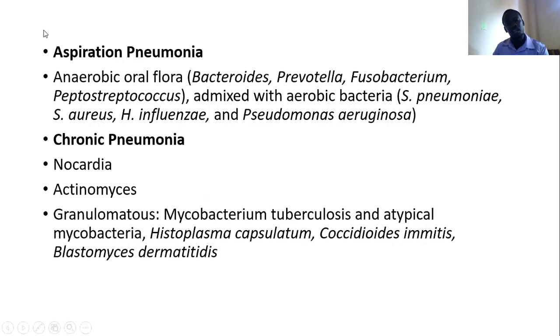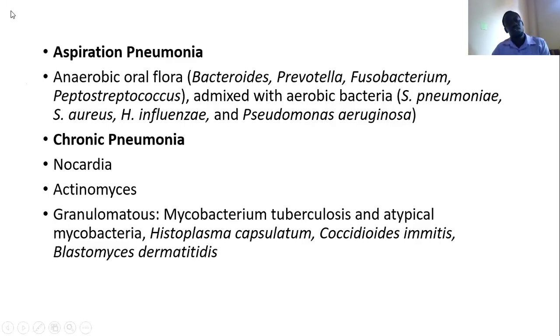Then for the other etiologies of pneumonia, we have aspiration pneumonia. This is the other classification of pneumonia, the way we had the bacterial, the viral, and then the others. So this one lies under the others.